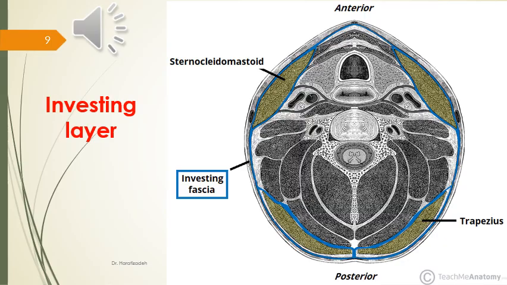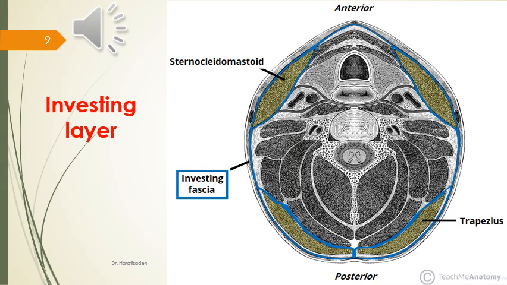It continues into the anterior part of the neck and encloses the sternocleidomastoid. Then two layers join together, and in the midline they meet together on both sides.